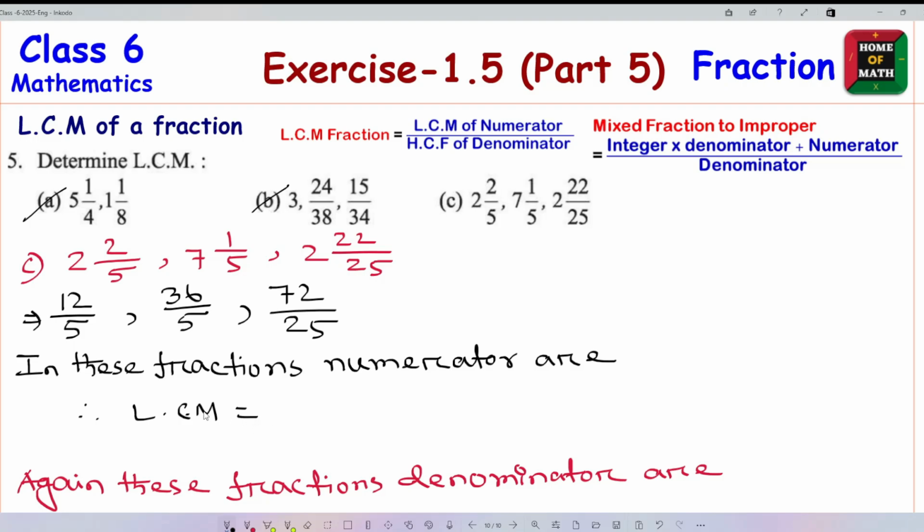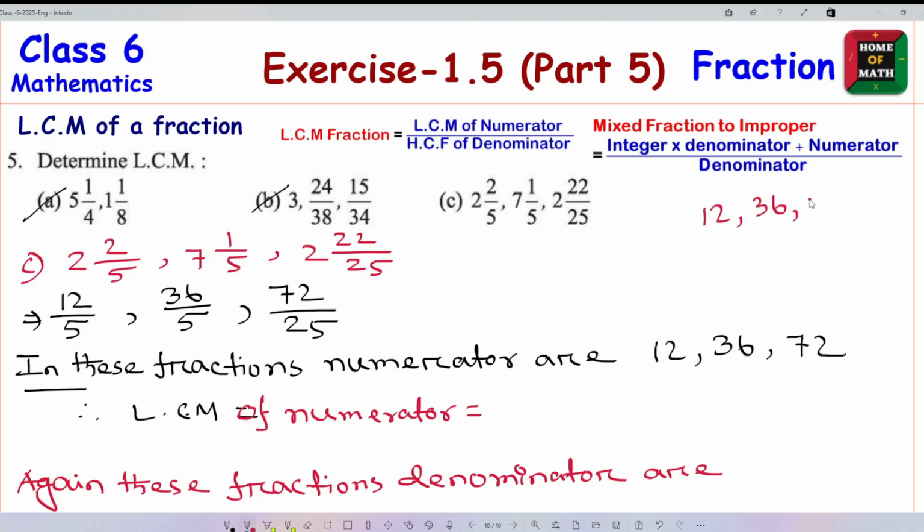So our first work is, in these fractions, numerators are 12, 36 and 72. So we have to find out the LCM of numerator. So 12, 36 and 72. Divide by 2, so here is 6, here is 18, and here is 36.